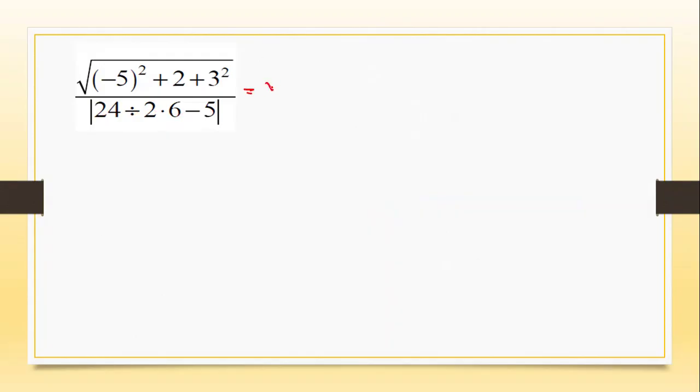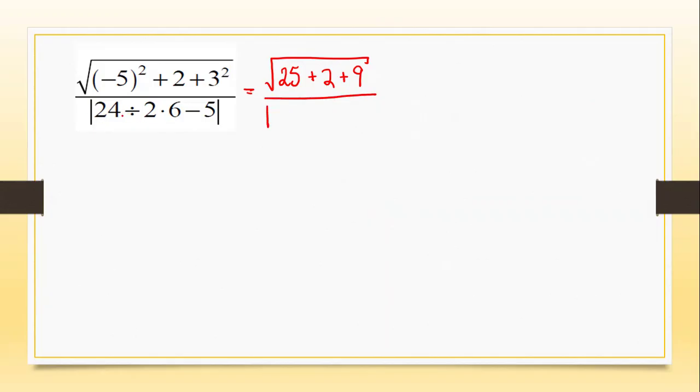So we have the square root of negative 5 squared. It's negative 5 times negative 5, giving us positive 25, plus 2, and 3 squared, which is 9. 3 times 3.